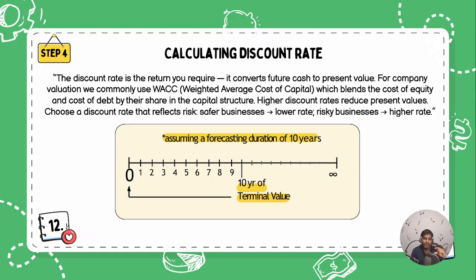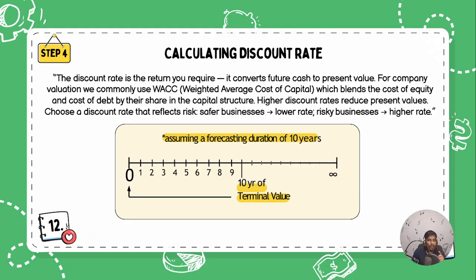If 100 rupees is invested in the company, 80 rupees is equity and 20 is debt, and with that proportion they would be weighted in the capital structure. Higher discount rates reduce present value, so we have to choose a discount rate that reflects risk. If I take an example here, we have forecasted and got a terminal value. Now if we want to discount it, we discount with regard to the weighted average cost of capital.